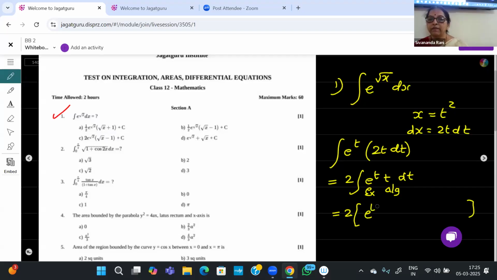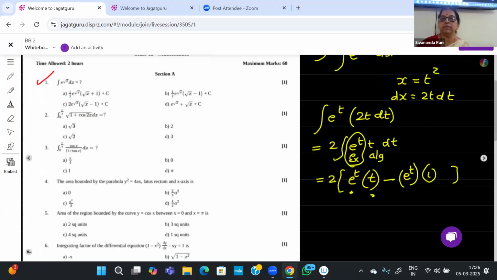Integral of this into the function that you need to differentiate, minus integral of this into the function that you need to differentiate. So this is the result.